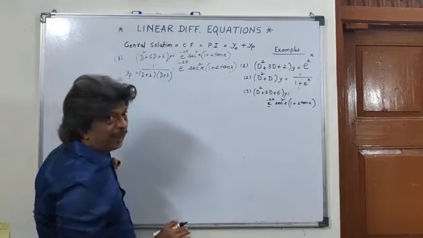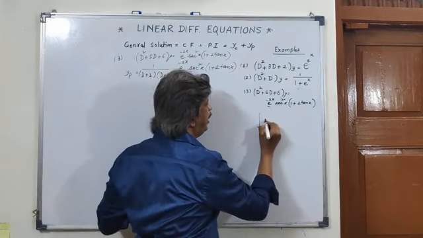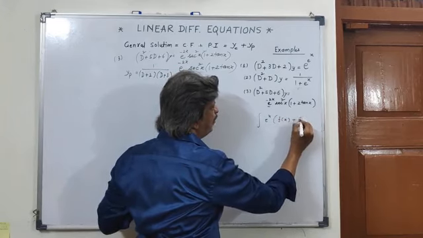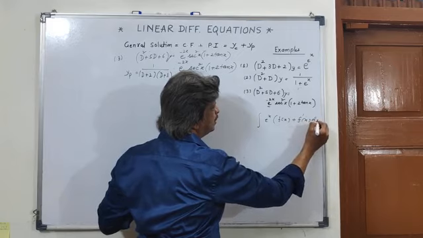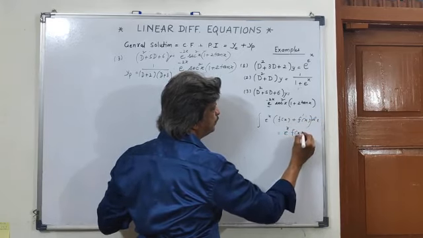While solving this example, I am using this property of integral. Integral of e to the power x into f of x plus f prime of x dx is e to the power x into f of x.